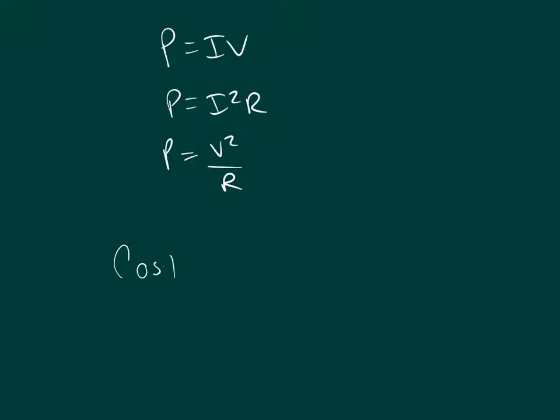For cost, we said, well, cost is really the amount of energy consumed times the rate that energy costs you. If it costs you 25 cents per kilowatt hour in New York City, that's your rate. If you use 30 kilowatt hours of energy, that's how much energy you use. So this problem is only tricky because it's like, how do I get energy? How do I know how much energy I used? Well, go back to earlier in the year.